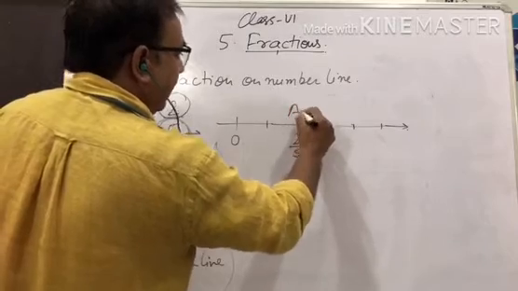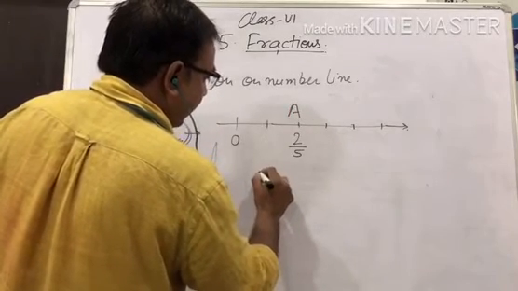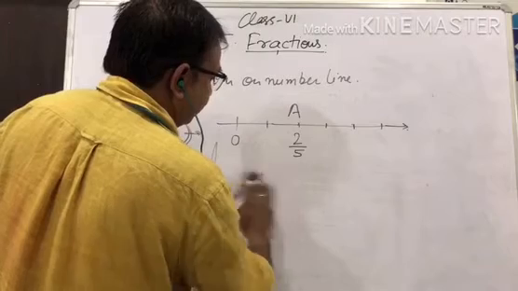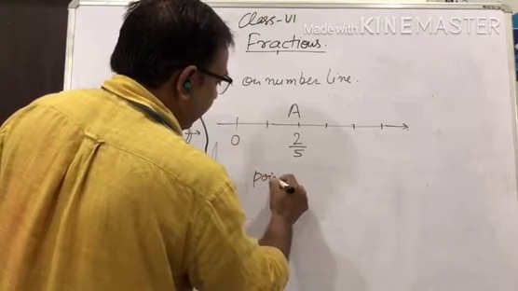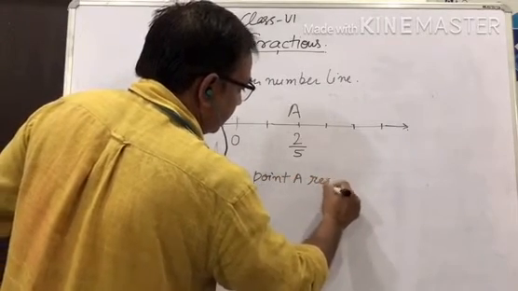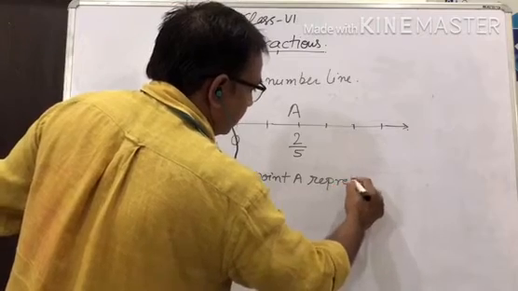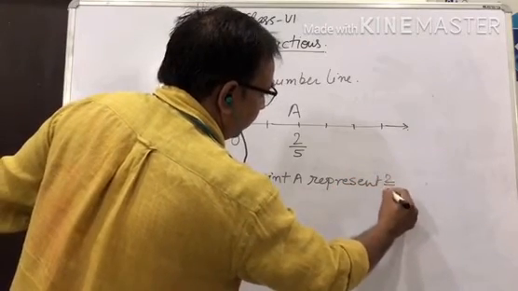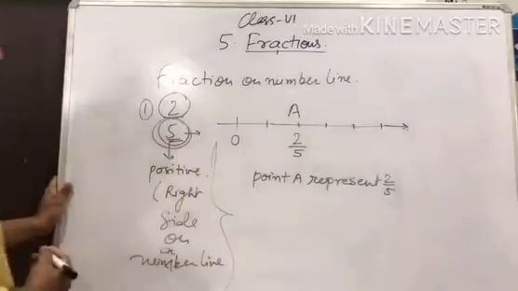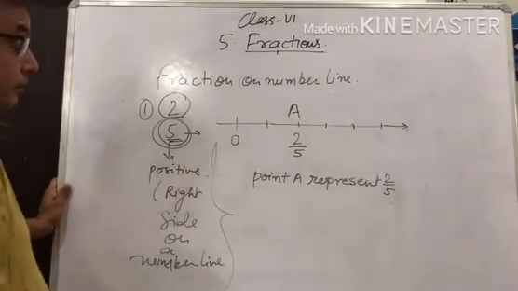We mark it A, and then we write: point A represents 2 upon 5. Is this clear?